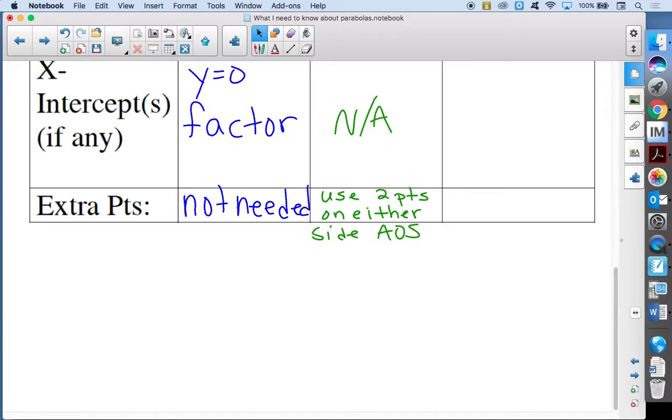So we don't get x-intercepts when it's in this form, but we will get those 2 other points by looking at the axis of symmetry, like -3 and 1, whatever they might happen to be.